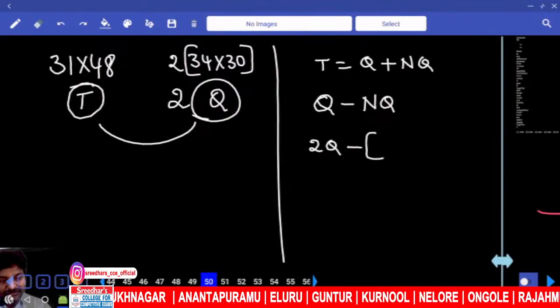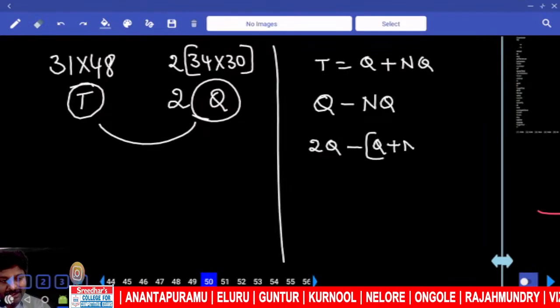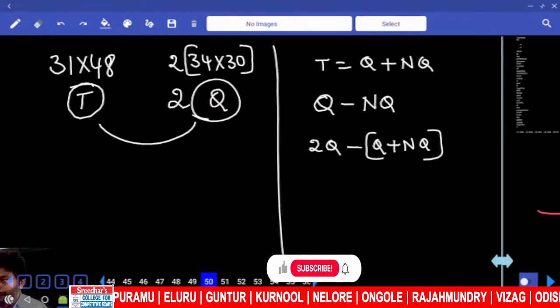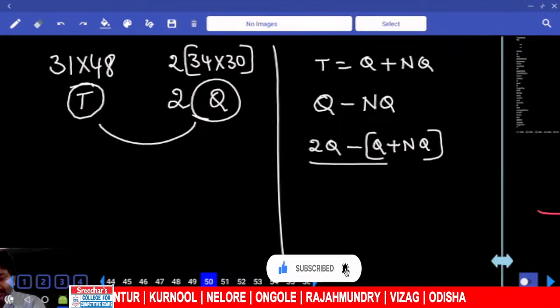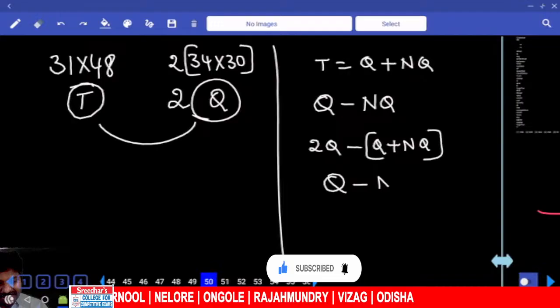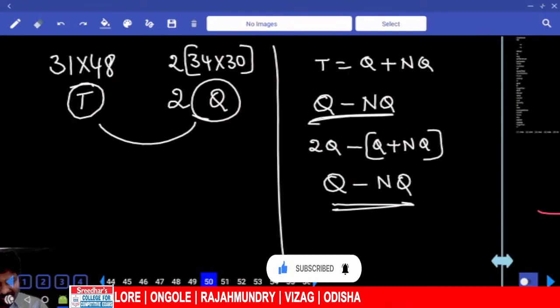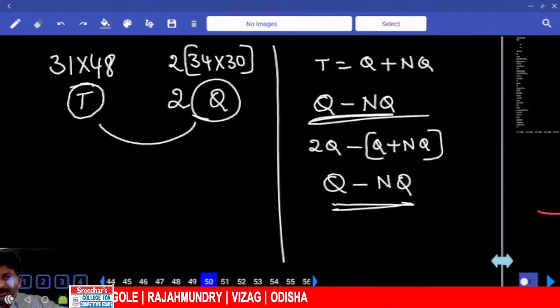If I substitute qualified and not qualified here and expand the negative, 2q minus q, minus the not qualified, this is what we have. So separately we don't have to calculate how many not qualified people there are.